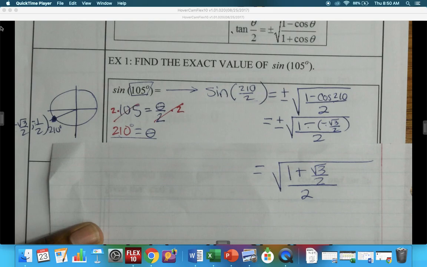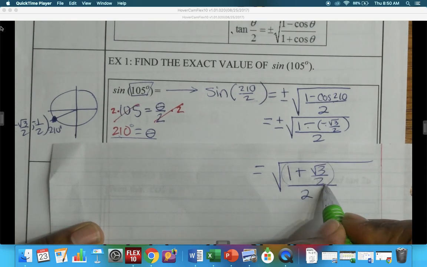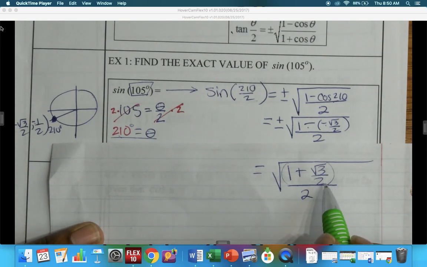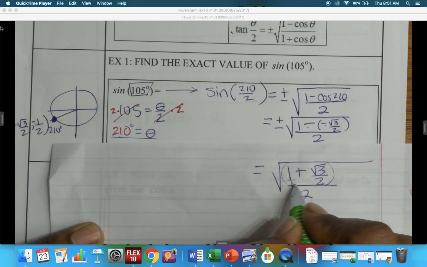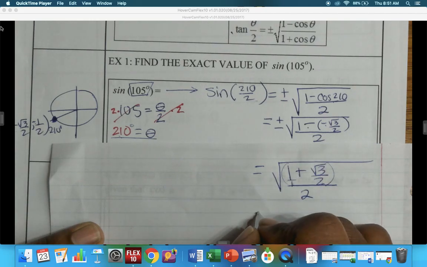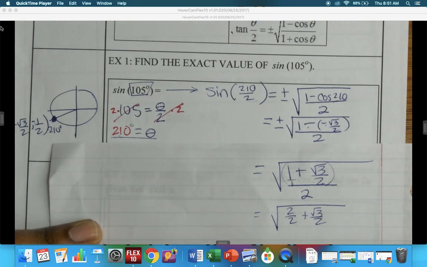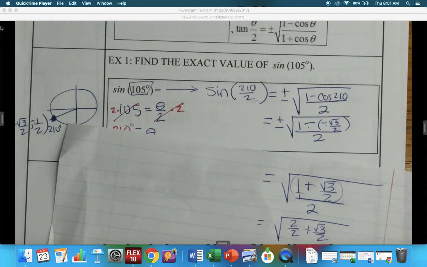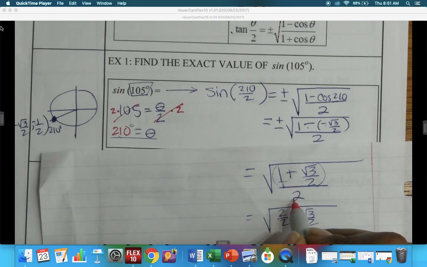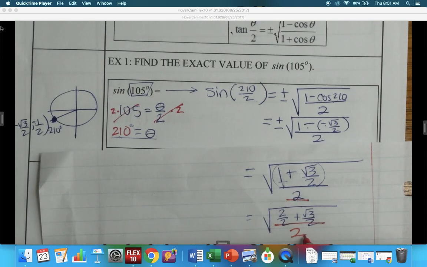Now you can simplify in your own way, but I'm just going to make sure that I have a common denominator on the numerator. So my denominators are 1 and 2, so my common denominator would be 2. I'm going to rewrite this as 2 over 2 plus root 3 over 2. The real denominator here didn't change, so it's still over 2.